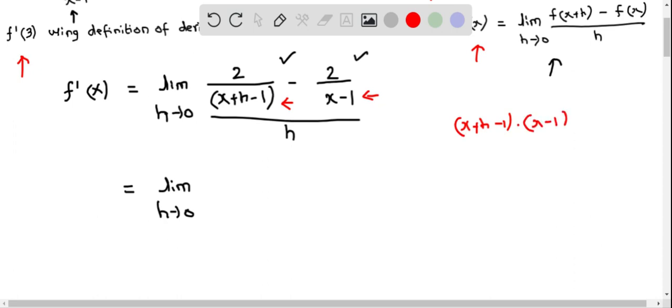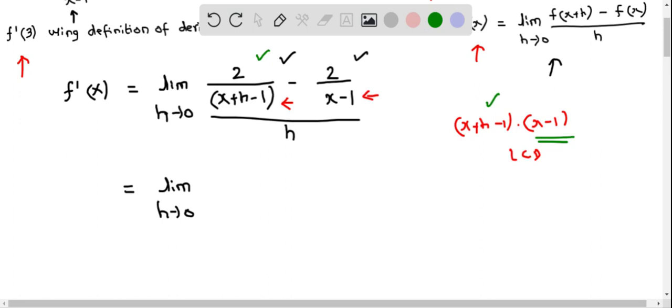So this is basically the LCD to simplify the numerator fraction, which means for the first term, 2 over x plus h minus 1, I'm going to multiply with the term which is missing in the denominator, which means I multiply that fraction by only x minus 1.